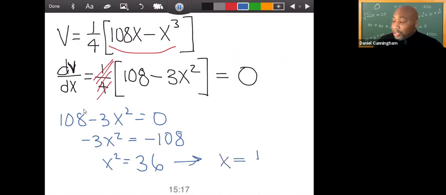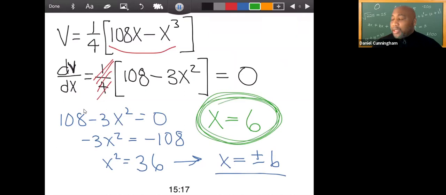We end up with plus or minus 6 as an answer. Now again, remember x has to do with the length of the base of the box. Since it has to do with length, we cannot use the negative value. We only can use the positive value. So in this case, x is equal to 6. That's our length, 6 units, whatever units we're talking about.